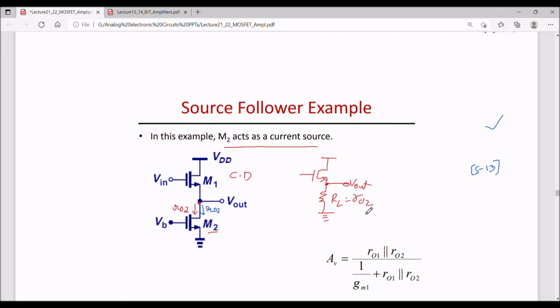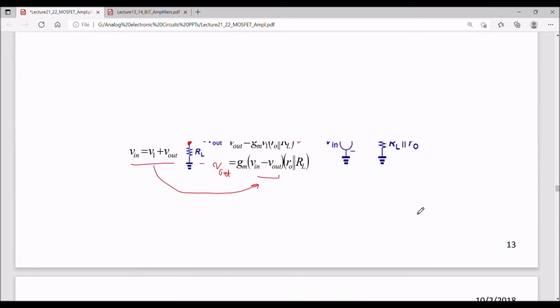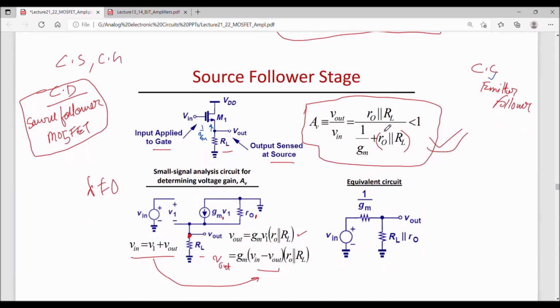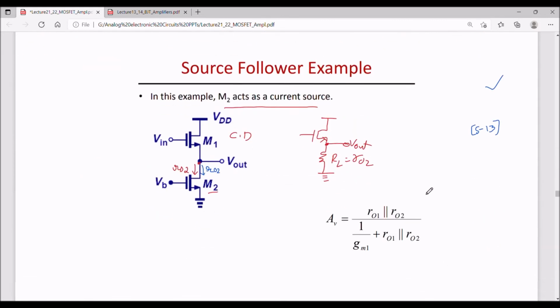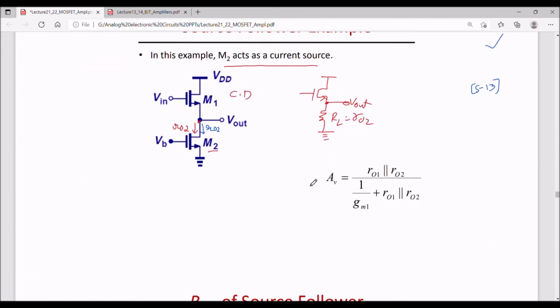So I'll simply replace RL by ro2 in the previous equation. Instead of RL, I'll write ro2, and I get the gain of this circuit. So the gain of this circuit is this much, where I have simply replaced RL by ro2.